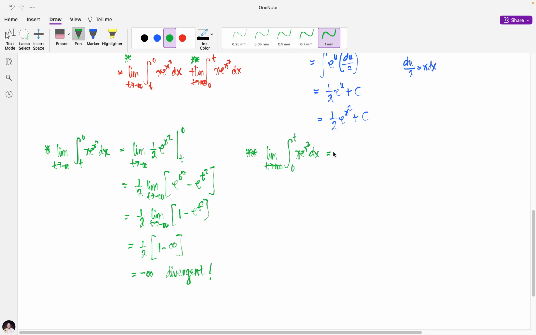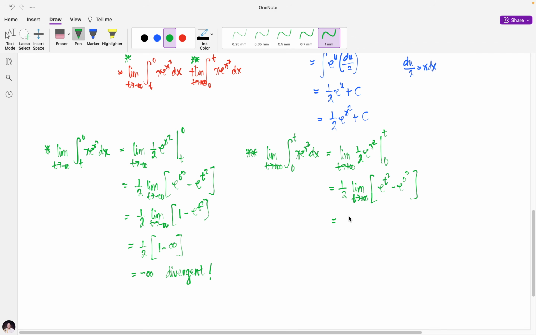So this is now the limit of, same lang, 1/2 of e raised to x squared evaluated from 0 to t as t approaches positive infinity, and that is 1/2 of the limit of e raised to t squared minus e raised to 0 squared as t approaches positive infinity.